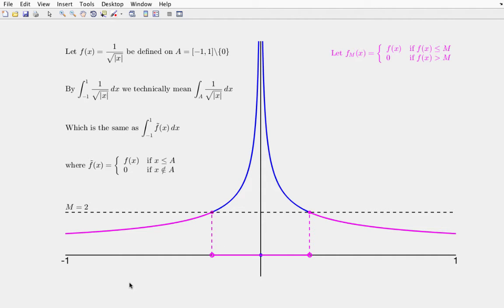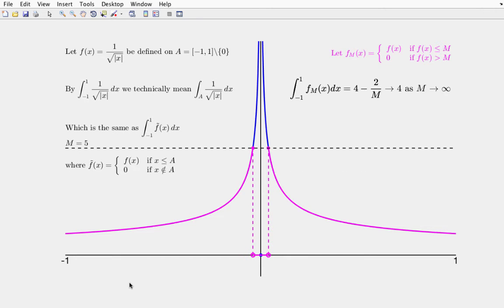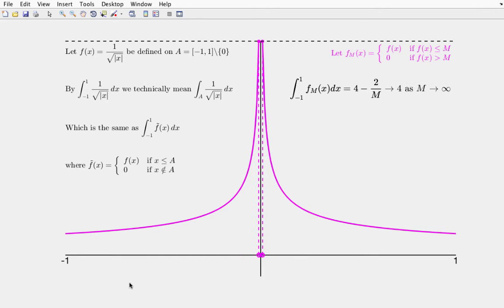So it's integrable. f_m is integrable in the Riemann sense. And if I were to take that integration of f_m, I would get 4 minus 2 over m, which converges to 4 as m goes to infinity, which means the integral of 1 over the square root of x over its domain is 4.